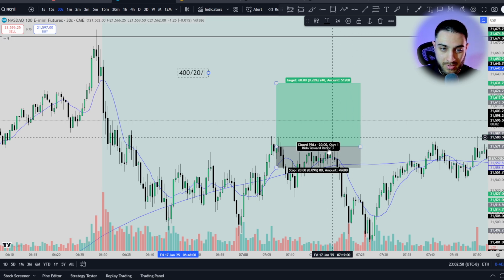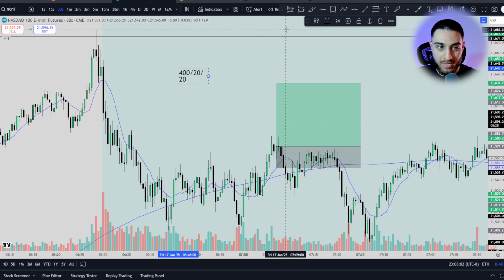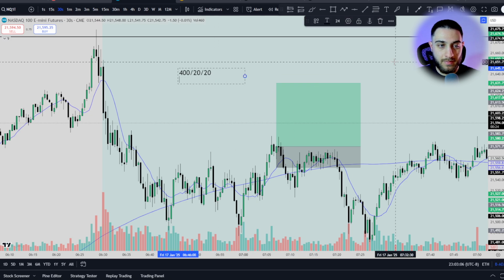So in this case, what is it? Our stop loss is 20 points, and we're going to divide by 20 again. So you can do it like this.